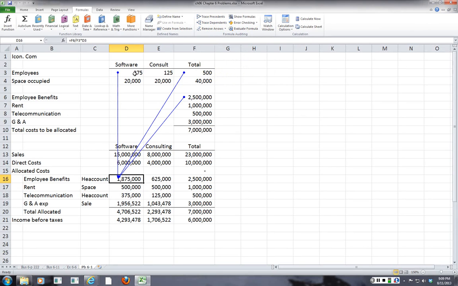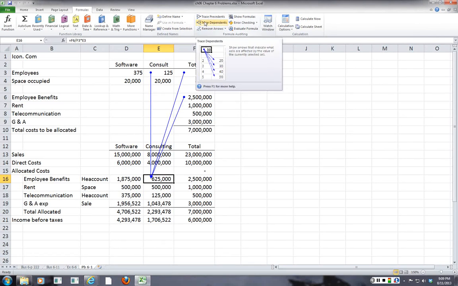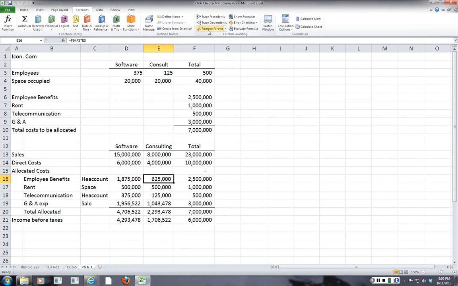So for software, we're going to take 375 employees over 500, and then multiply that by $2.5 million to come up with a cost here of $1,875,000. We do the same thing over here for consulting, and we come up with 625, so that's the total of $2.5 million.